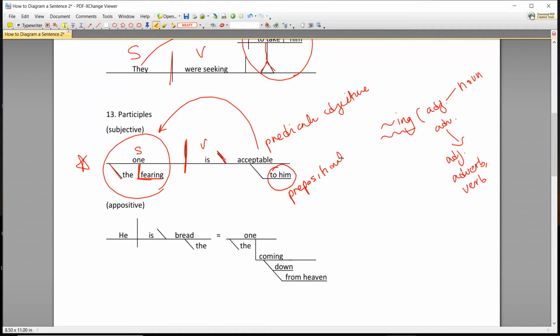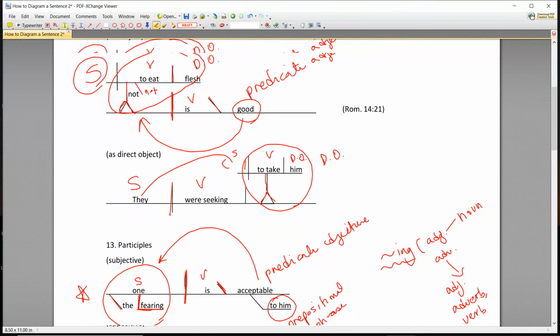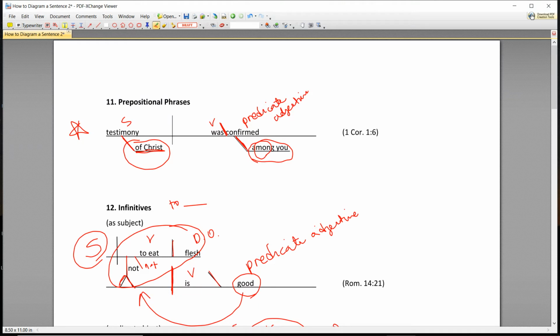We took a look at prepositional phrase before here. Look at here, of Christ or among you, a preposition followed by its object. That's a prepositional phrase.